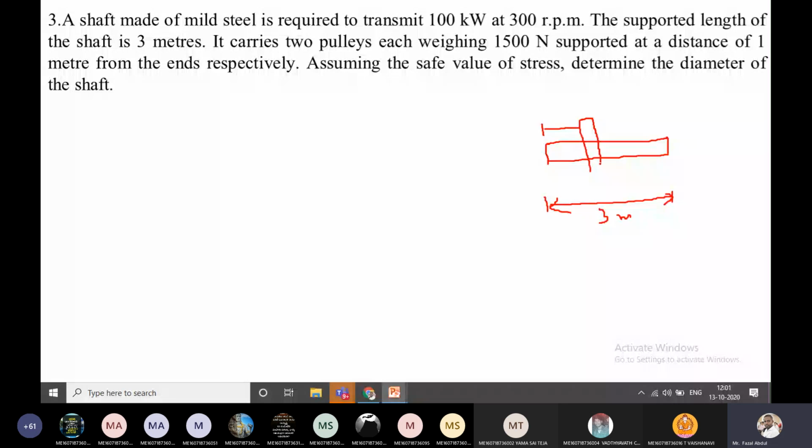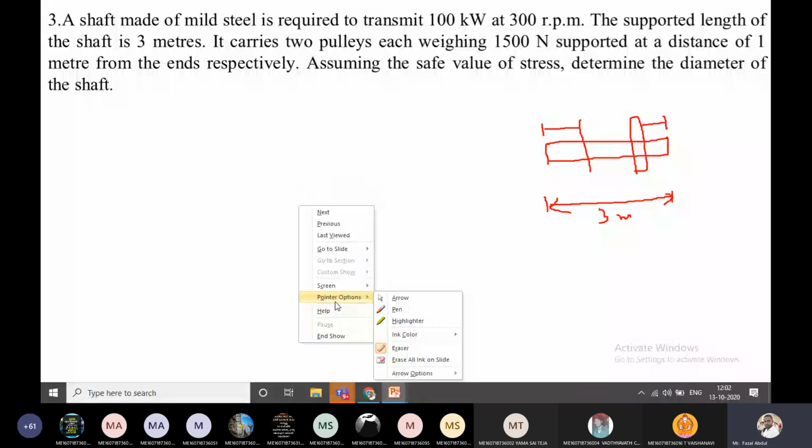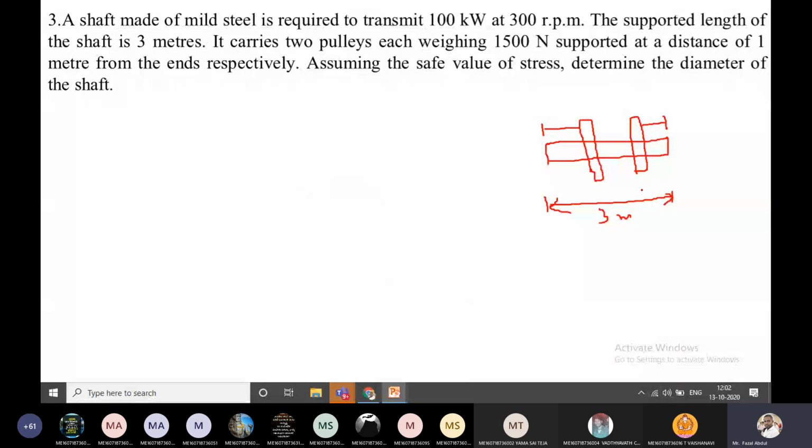From this end, another pulley is here. This distance is 1 meter, this is 1 meter, and this is 1 meter.